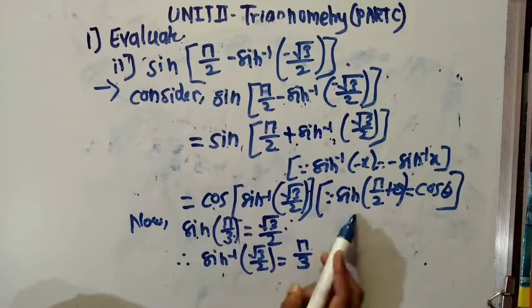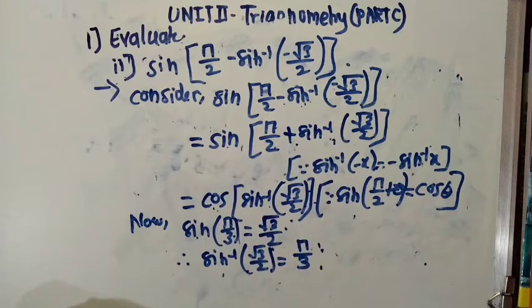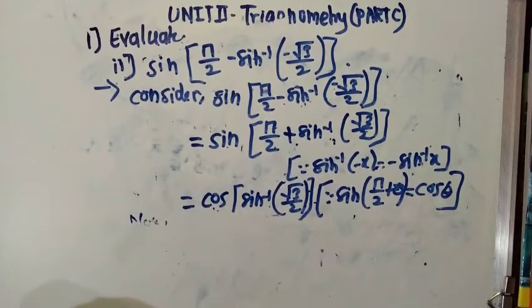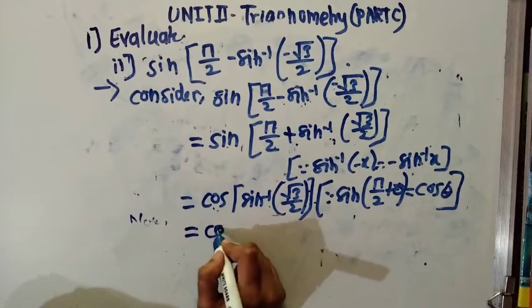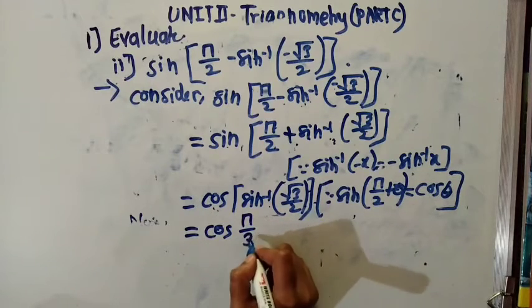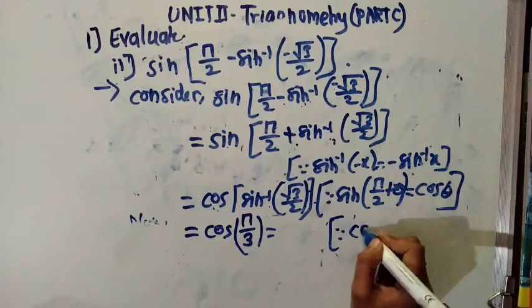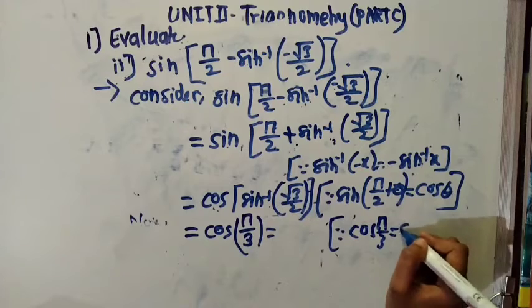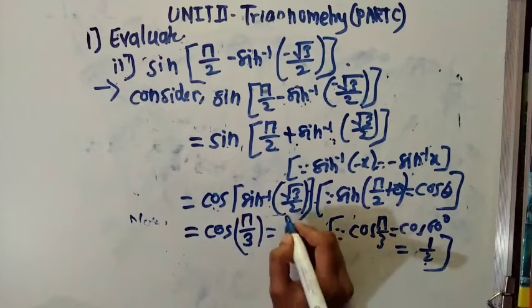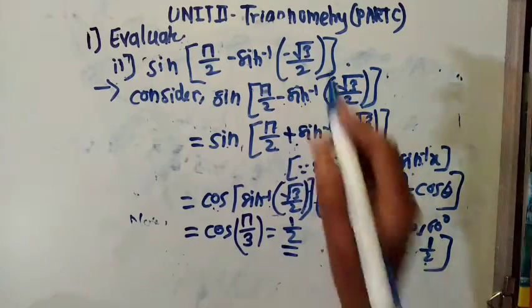Hence this value is equal to cos pi upon 3, which is cos 60 degrees, equal to 1 by 2.